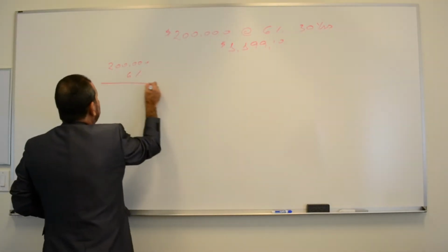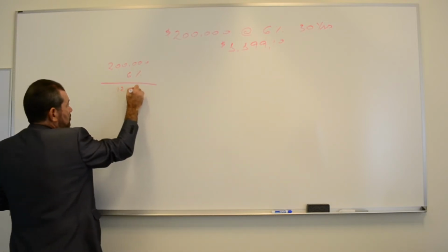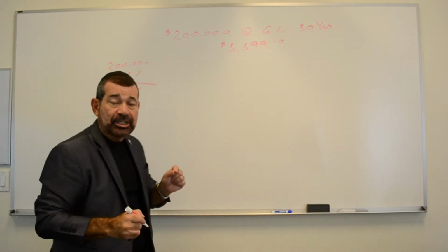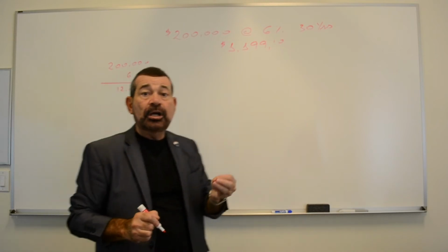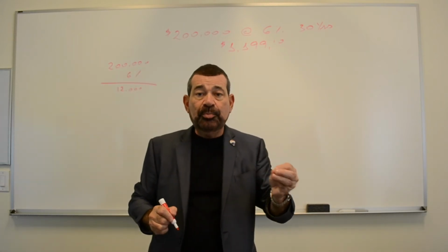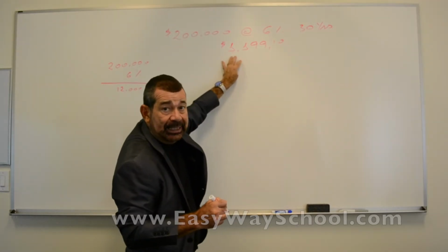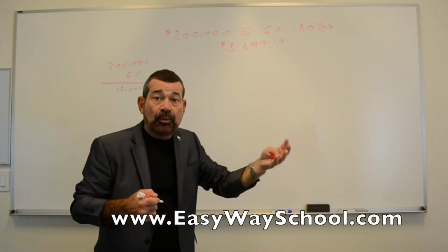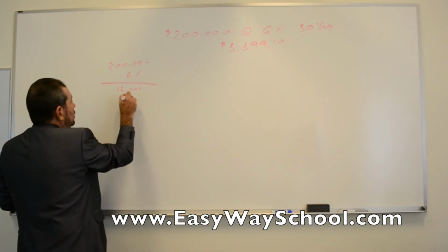So, if you multiply 200 by 6%, you will get 12,000. If 6% is your interest per year, meaning $12,000 is your interest also per year. Now, we are trying to find out on this month here how much it's going to your principal. Then I need to divide this by 12.